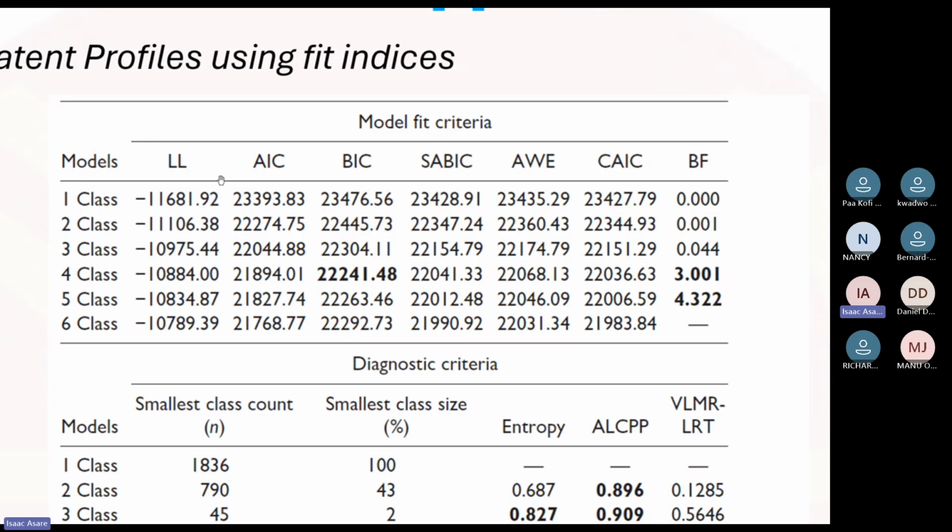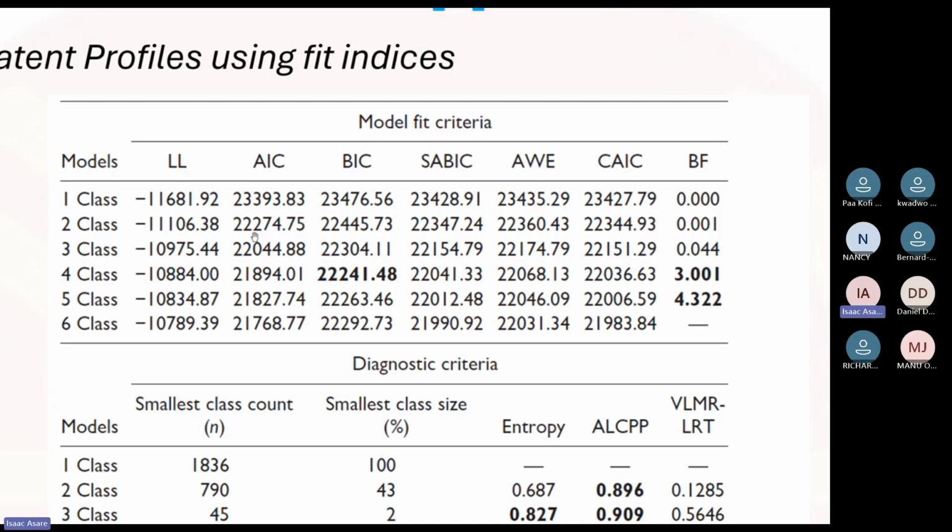Now, just compare. The first class had 23476.56. The second one had 22304. Now look at this one. The fourth one is 22241.48. Then the fifth is 22263.